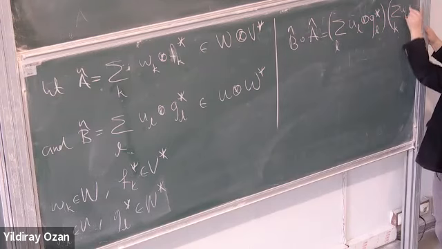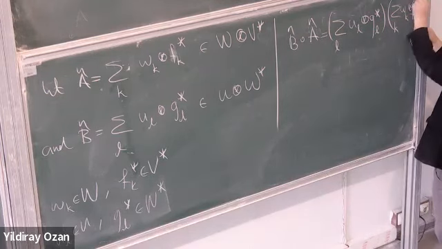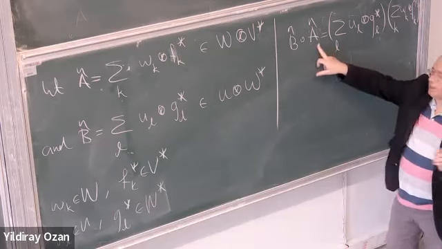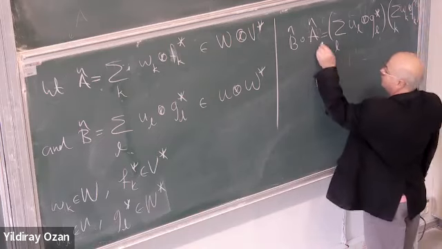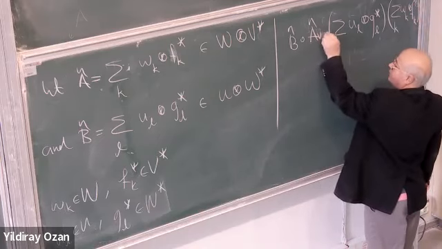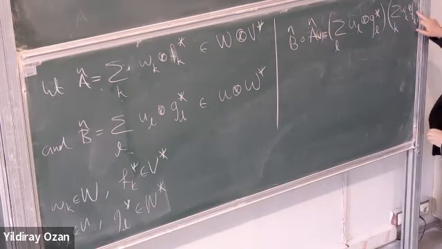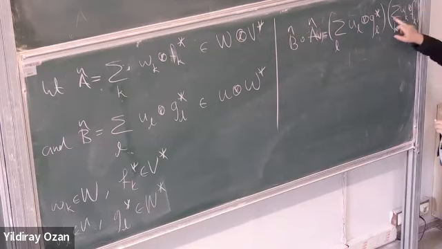Now look, when you feed this guy with a vector B, so when you put a B here, F K star will eat B, and it will go out as a scalar.